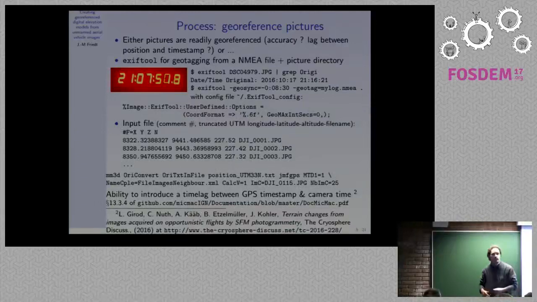In this case, this is a GPS disciplined clock at an observatory close to our place. And this gives me, I have the header of the image, I have the GPS time, I can compute the difference between my camera time and my GPS time, and then ExifTool gives you the option -geosync, and you can give it a whole NMEA log file and a directory where your images are, and ExifTool will take care of geotagging all your images.